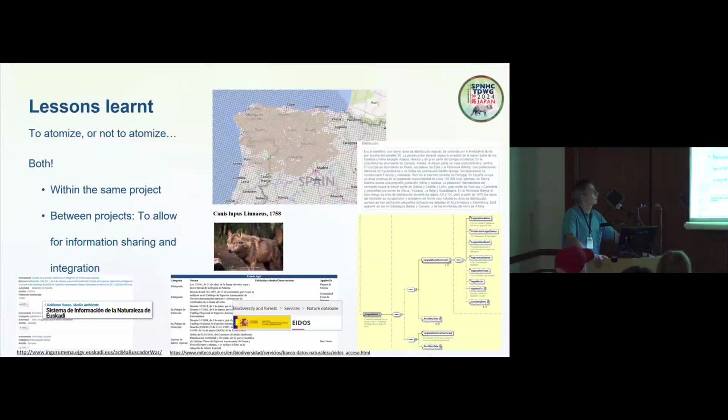And then a bit on the lessons learned. Plinian Core has been around for a number of years now, and one of the tensions within the group was to which level to specify the information about the species. And the result was that for each piece of information, Plinian Core provides two approaches, what we call the unstructured approach and the atomized approach. The unstructured approach basically sets up a box of text on the concept, for instance, feeding or annual cycle or reproduction and so on.